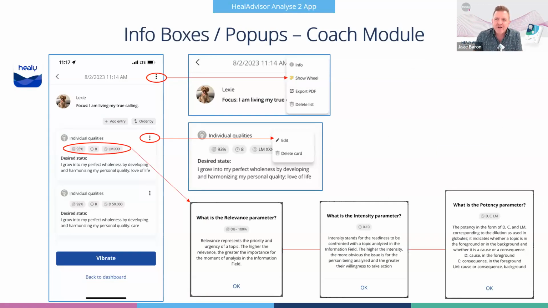So the fact that you can click on each of these things and it tells you, okay, what is the relevance parameter? What is the intensity parameter? What is the potency parameter? Is a huge help. It's not paragraphs long of information, but it gives you a general overview of that there too.